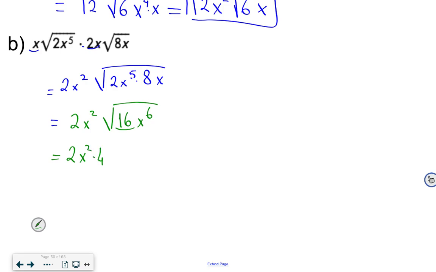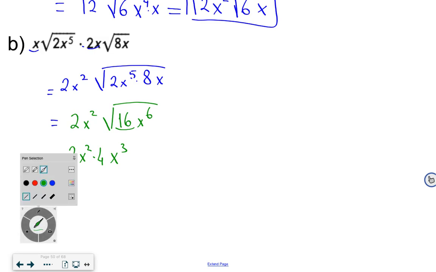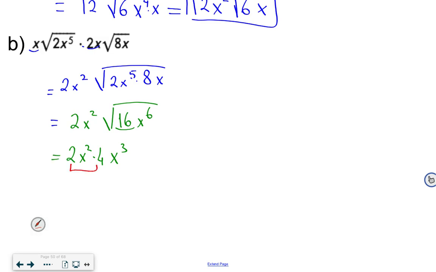X to the power 6 can be taken out of the root as x cubed. Nothing is left inside the radical. Now let's combine this. 4 times 2 is 8. X cubed times x squared is going to be x to the power 5. And this is your answer.